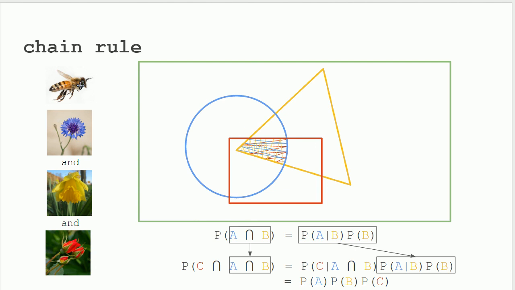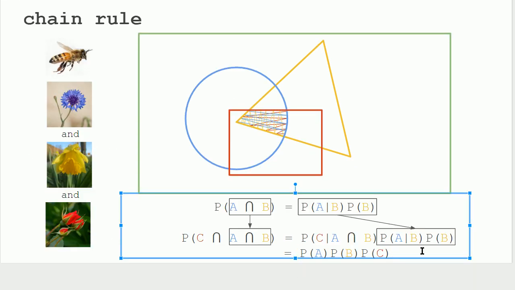So you've already got a bee who's in both a cornflower patch and a daffodil patch. And now you want to find the probability of seeing all three, given that you're already in two of them. Okay, and so that's how you calculate that.